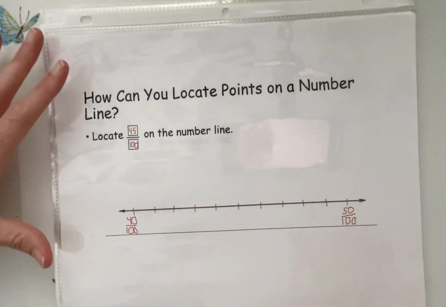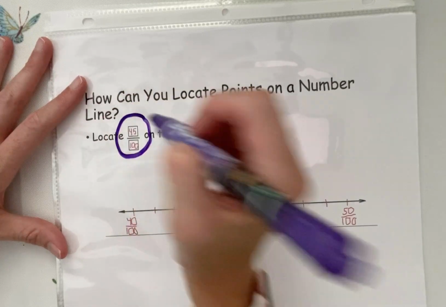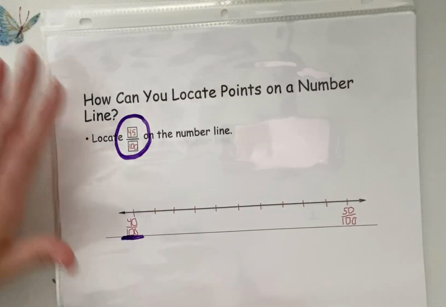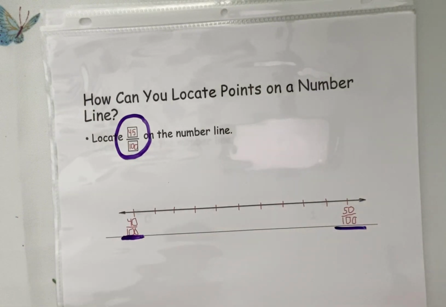How would I locate 45 hundredths on this number line? Let's look at where it begins. This number line starts with 40 hundredths and ends with 50 hundredths. So how many parts is this number line broken into? 1, 2, 3, 4, 5, 6, 7, 8, 9, 10 parts. So where would I put 45?